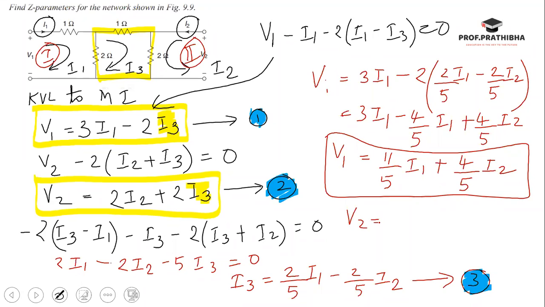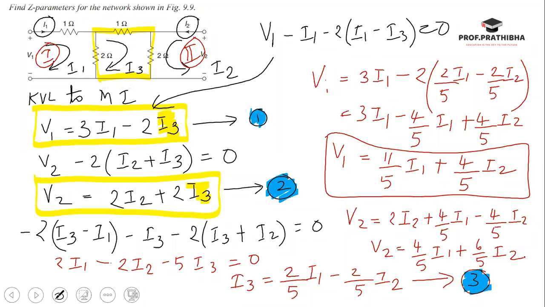What is your V2? V2 is going to be 2 times of I2 plus 4 upon 5 times of I1 minus 4 upon 5 times of I2. That means my V2 is equal to 4 upon 5 times of I1 plus 6 upon 5 times of I2. So from this and the second equation, I've got all 4 parameters of Z.